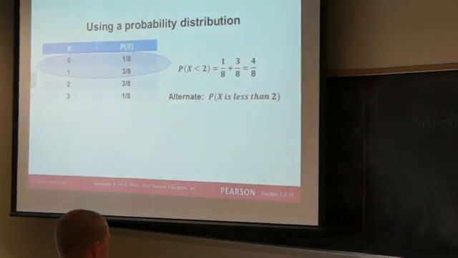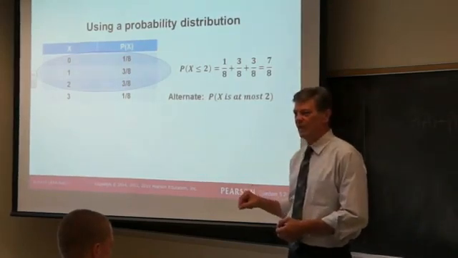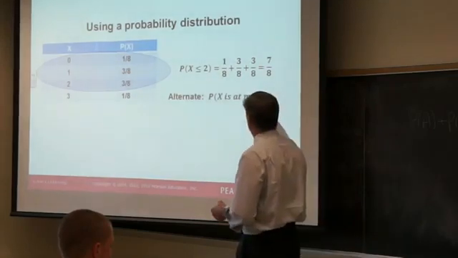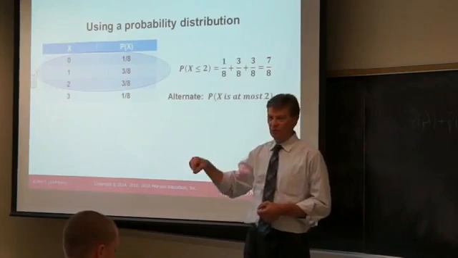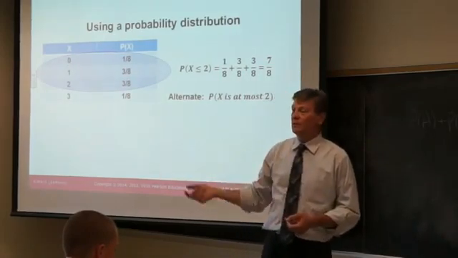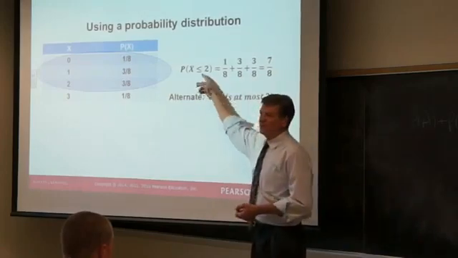That one is pretty straightforward. It's less than. What about x is at most? If I say at most, what does that mean? Well, it could be 2, right? If it's at most 2, it could be 2, it could be 1, or it could be 0. So at most would be less than or equal to 2.